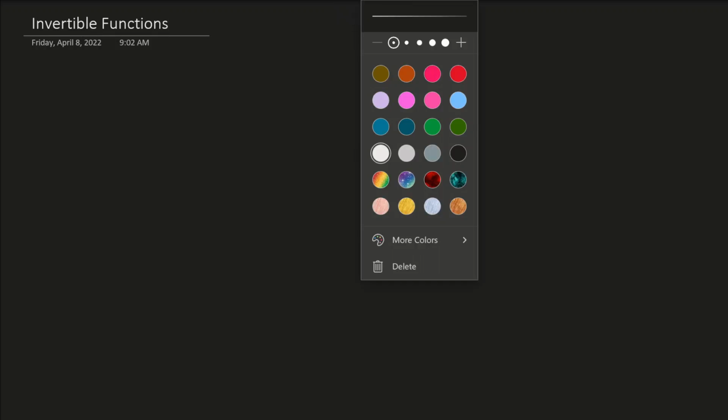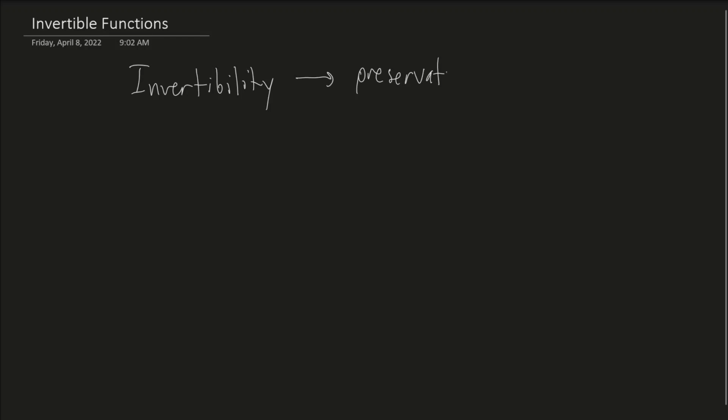Hi everyone, welcome back. In this video I'm going to be talking about invertible functions, so functions that we say have an idea of an inverse. Before being super concrete about what that is, the most important concept with invertible functions is that invertibility will guarantee us the preservation or conservation of information.